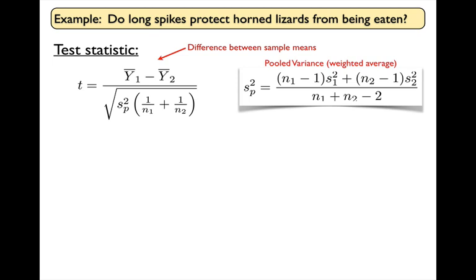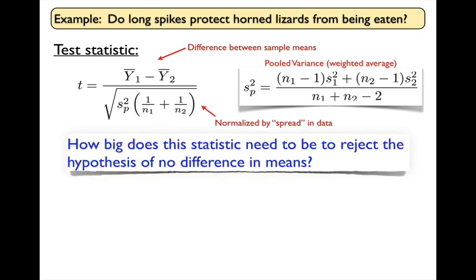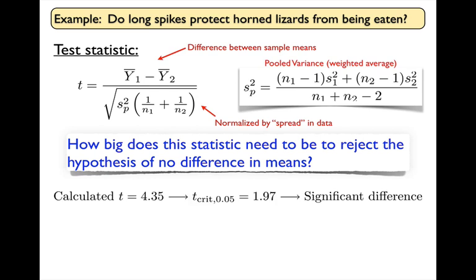And then down here, in the denominator, is the measure of spread in your data. So you're normalizing that difference by the natural random uncertainty that you have. The larger the natural spread in the data, the larger that difference between the means has to be before you would say that there's a significant difference. So again, how big does this statistic need to be to reject the hypothesis of no difference in means?